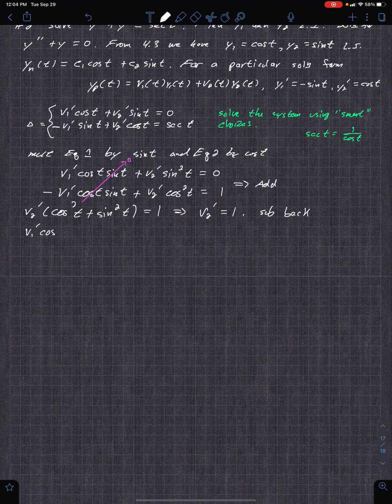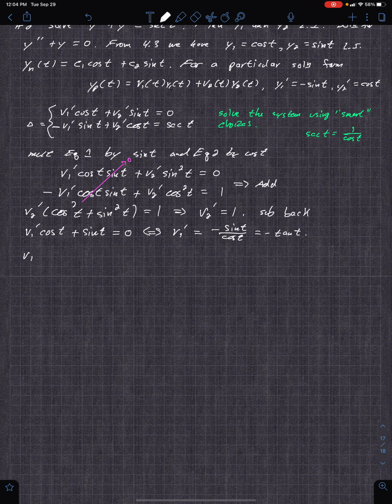You get v1 prime cosine t plus sine t equal to 0, and then you're solving for v1 prime. So v1 prime is equal to negative sine t over cosine t, which is negative tangent t. So that's your v1 prime and v2 prime, and now you integrate.